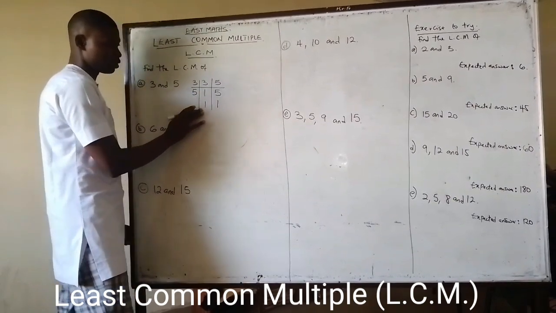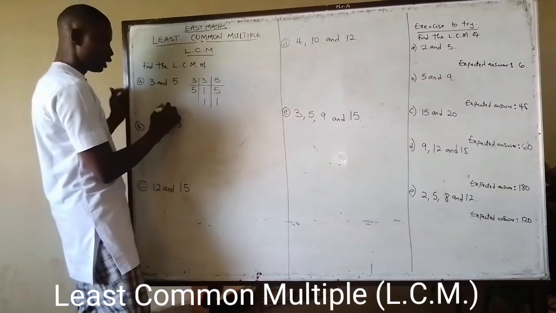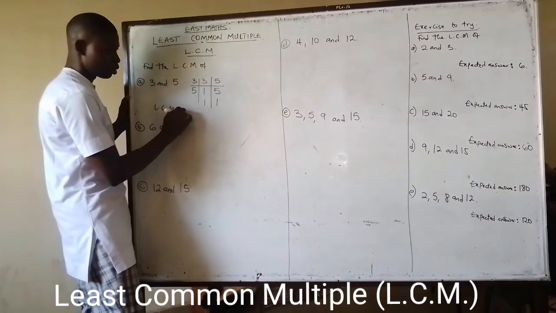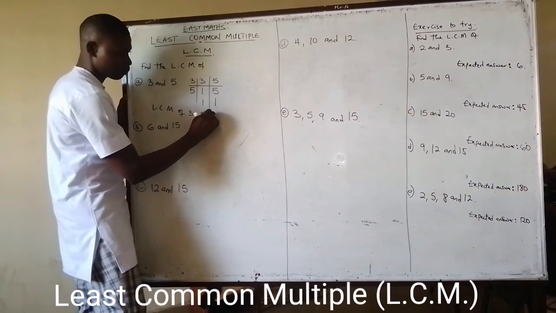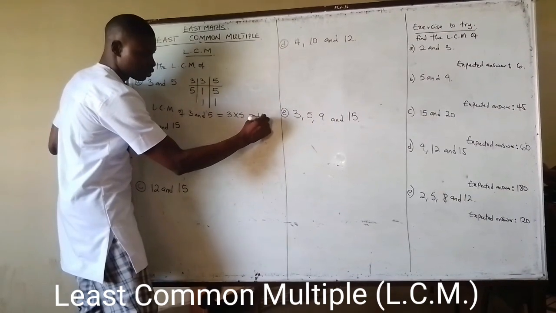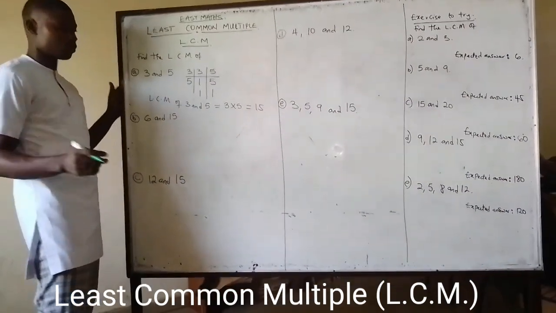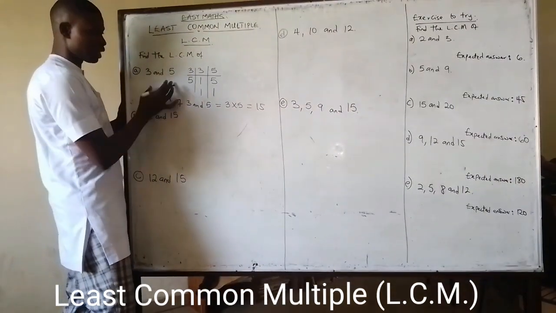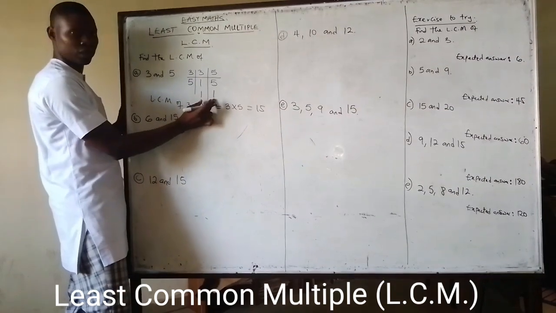To get LCM, we must make sure that they both end in 1. So the LCM of 3 and 5 is 3 times 5, and that is equal to 15. We must ensure that our final answer for LCM must end in 1 and 1 here.